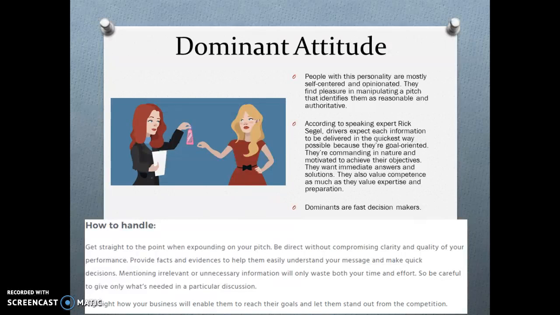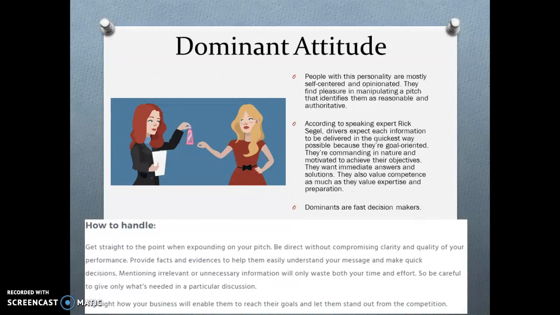You get straight to the point. When expounding on your pitch, be direct without compromising clarity and quality of your performance. You provide facts and evidence to help them easily understand your message and make quick decisions.